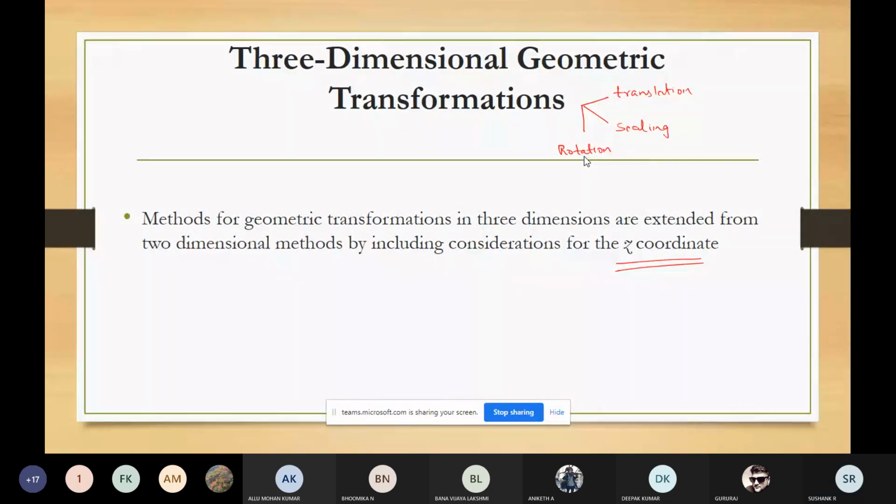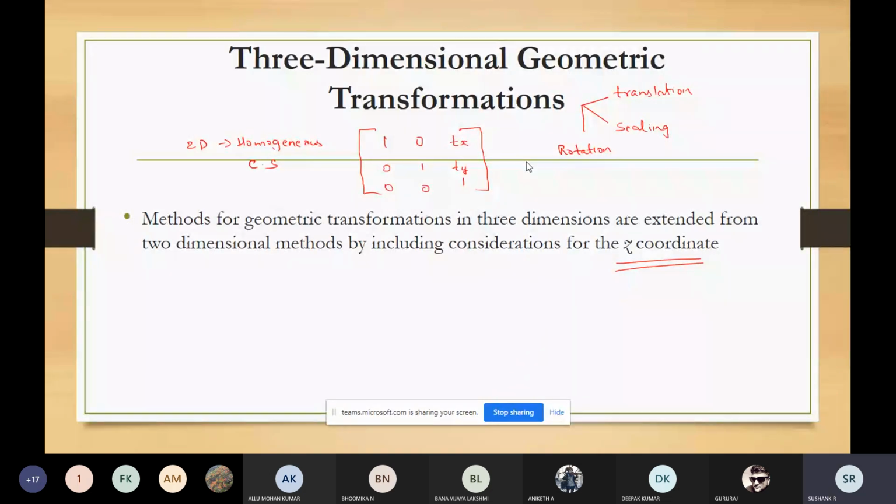For 2D transformations also, we had represented them in the homogeneous coordinate system, where we had expressed a 3 cross 3 matrix with all the diagonals as 1. I'm talking about the translation: the other entries were 0, and the last row was tx, ty.